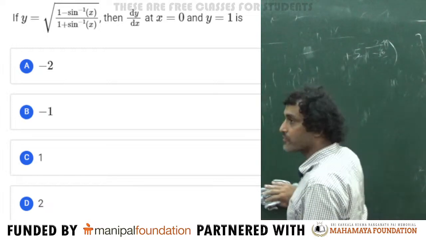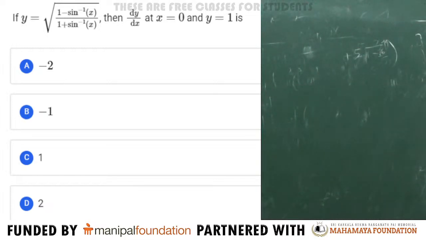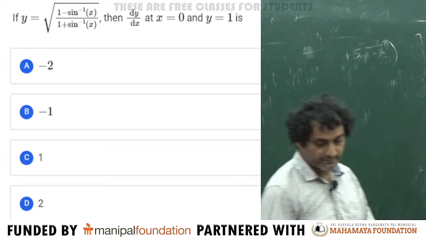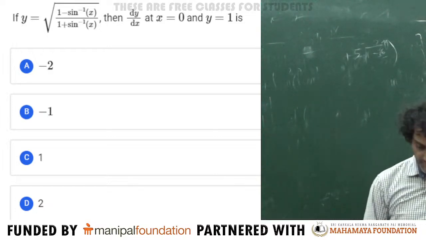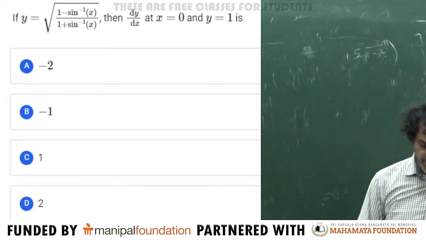Yeah, so this was very easily done. Let's go to the next one. Wait. 1 minus sine inverse x by 1 plus sine inverse x. What will you do here? Think and tell. Yeah, take your time, think and tell. It's a very big sum.